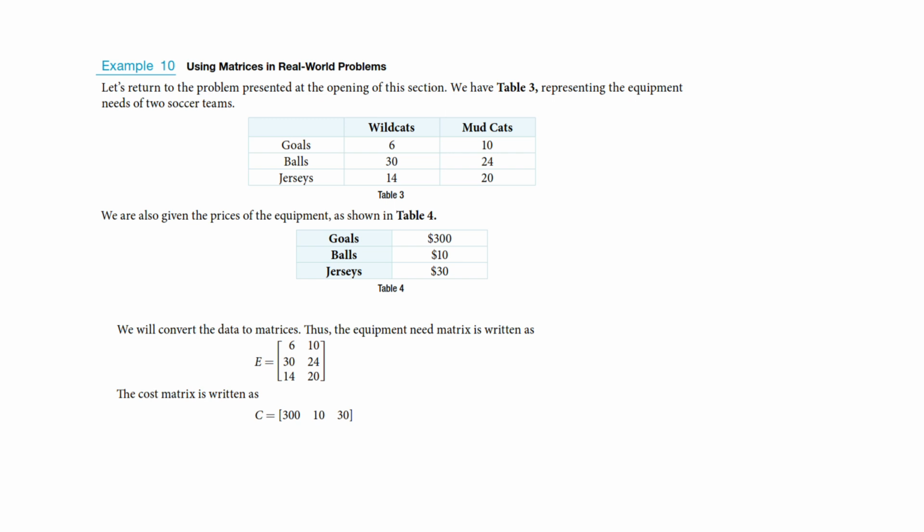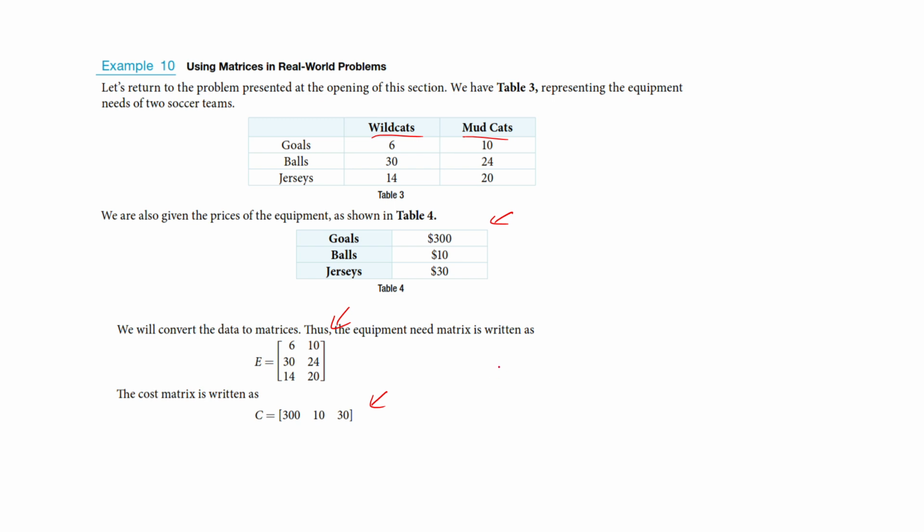Okay, so we're going to just work an application here. I don't know what the story is, it came out of the book, but each of these two teams needs to buy this equipment. Wildcats need 6 goals, 30 balls, 14 jerseys, etc. By doing this in matrix terms, we could say that here's the cost of each of those items. So we've turned this into this cost matrix, and here is the necessary equipment.